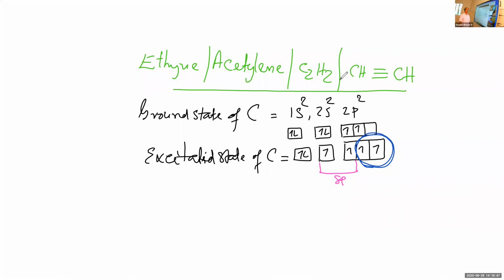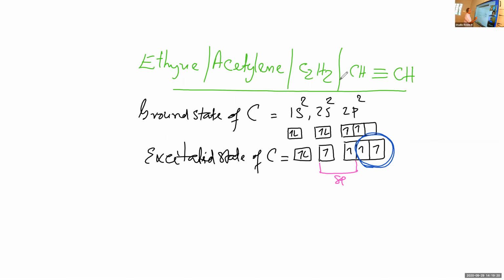Only 1 p orbital is used for hybridization. We get 2 sp hybrid orbitals at an angle of 180 degrees containing 1 electron each, according to Hund's rule. But remember, on the carbon atom, there will be 2 unhybridized p orbitals remaining there.